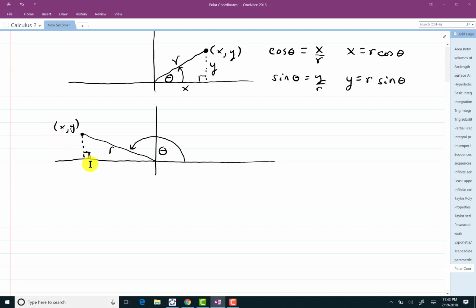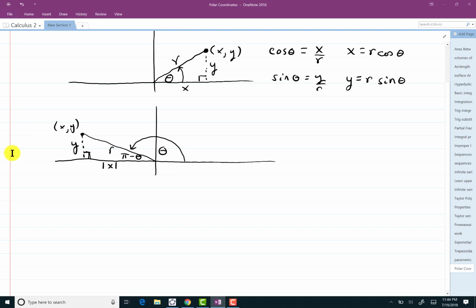And then here, notice it's a little bit different. The height of this thing is y, but the base of the thing, see, x is negative to the left of the y-axis. So this distance down here, if I'm going to use that for a distance, is actually the absolute value of x. And in this little angle of the triangle, that angle is pi minus theta.